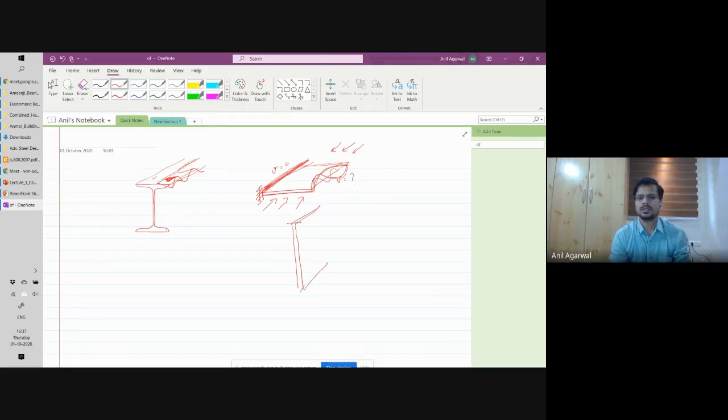Here at both ends it is probably fixed, so the top edge as well as the bottom edge cannot move laterally. Lateral movement is restrained. Okay, and also depending on the stiffness that is provided by this fillet, right? Whatever extra thickness we have may be providing some rotational stiffness. So even the rotation may be restrained.